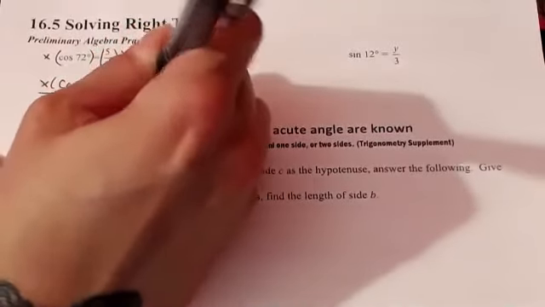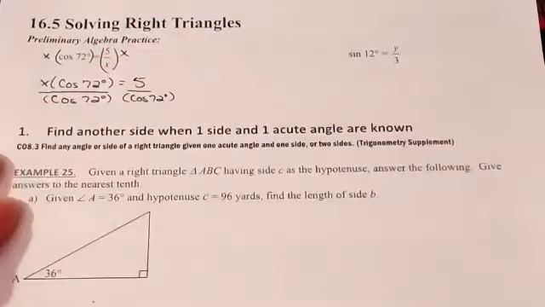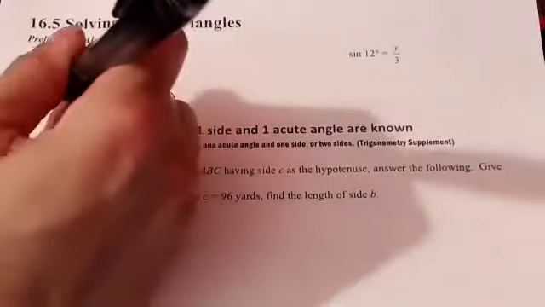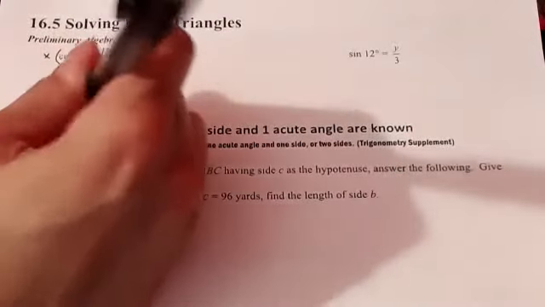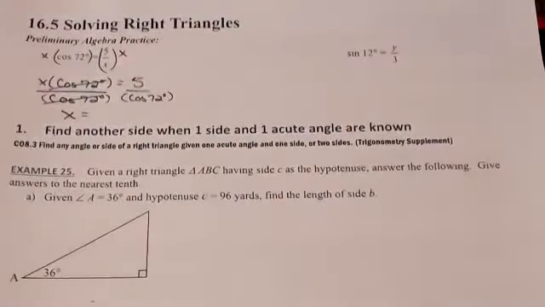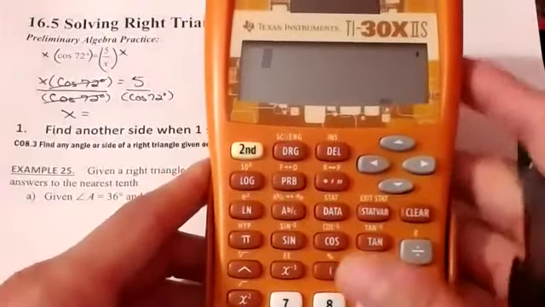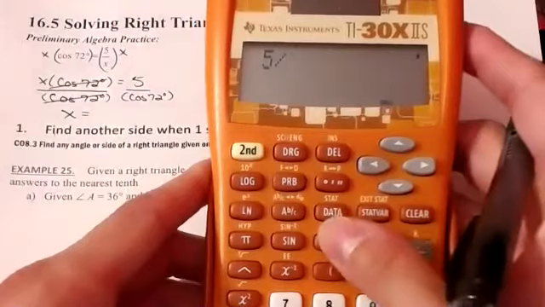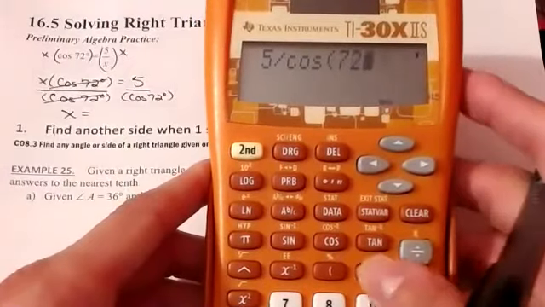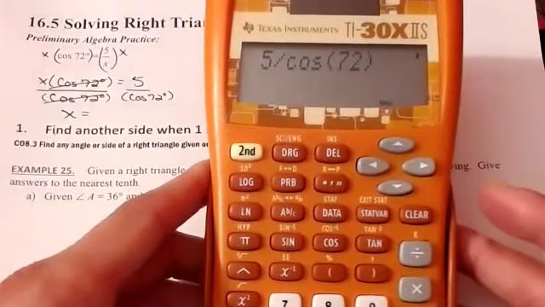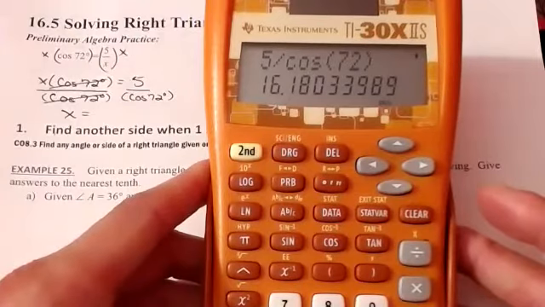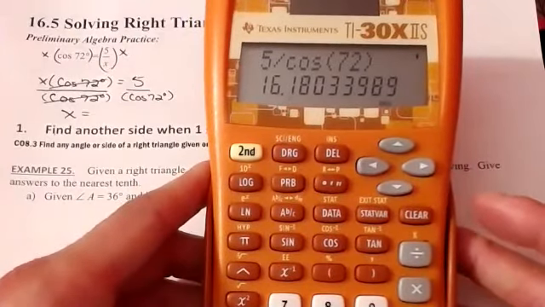This takes us right back to those rational equations, right? So we divide both sides by cosine of 72. And then please take your calculators and let's type in 5 divided by cosine of 72 degrees. And there you have it. You've just solved for x.